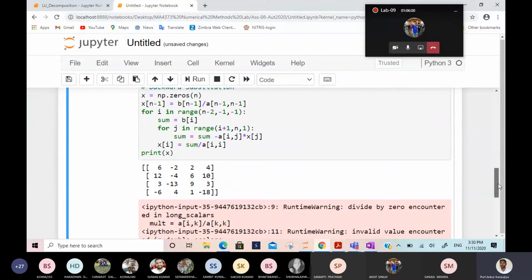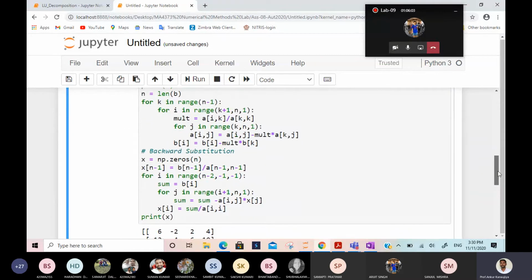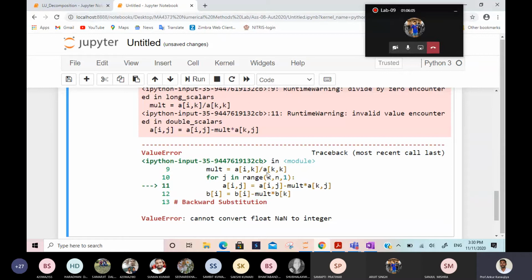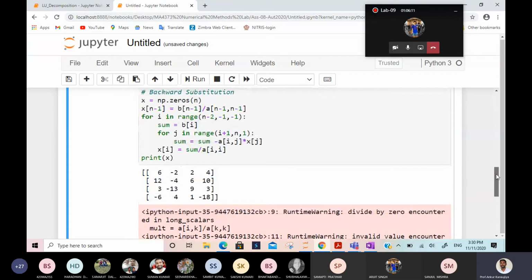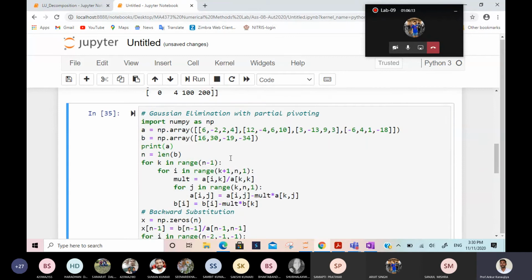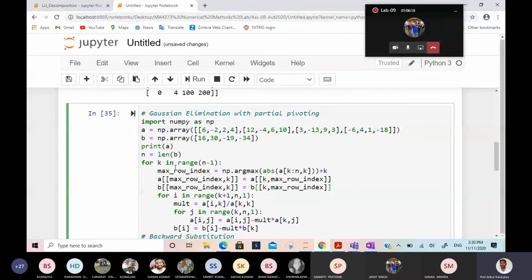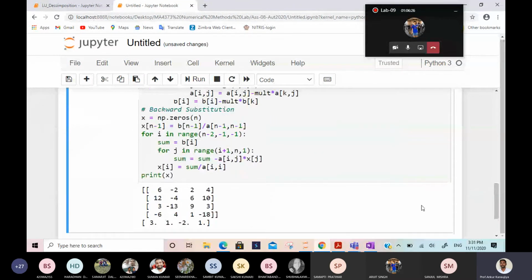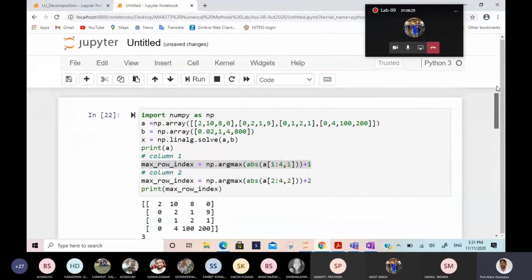Because we didn't interchange the row and performed the same thing, it is giving an error. The error means that the A_kk entry is 0, so it cannot be divided by 0. That's why it comes as not a number. So we have to add those 3 lines in order to get the answer. Without pivoting you cannot solve this problem. With pivoting the answer comes like this. Is it clear? Does anyone have any doubt? Then tell me. Then I will move to complete pivoting. This is partial pivoting; the next one is complete pivoting.